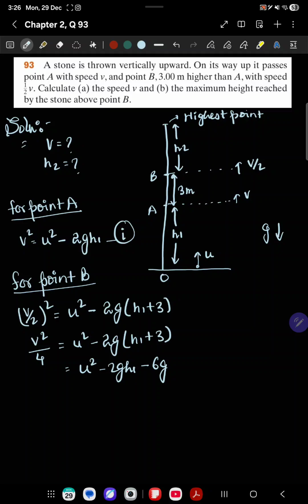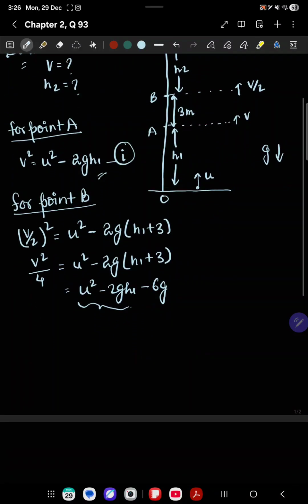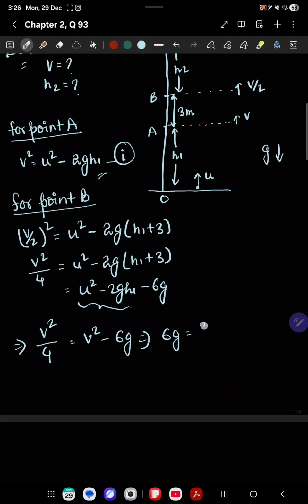So if I put the u square minus 2g h1 value from the above equation, what I will get is v square by 4 equals v square minus 6g. If I solve this again, I will get 6g equal to 3v square by 4, and v square equal to 24g upon 3.